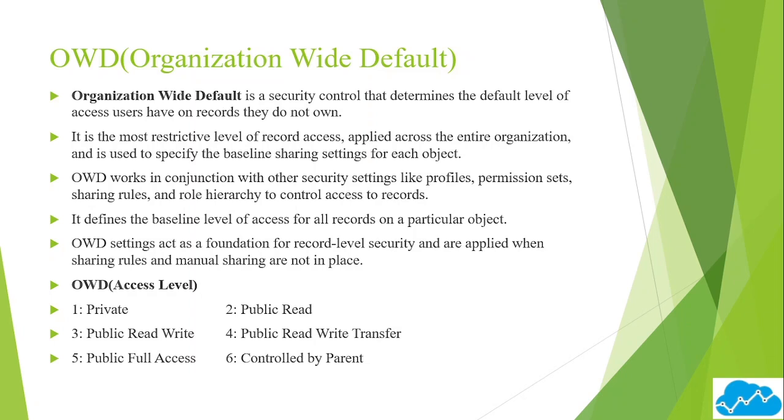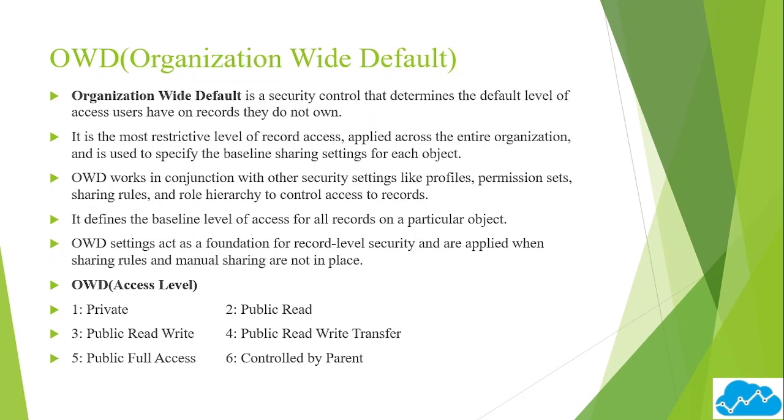OWD settings act as a foundation for record level security and are applied when sharing rules and manual sharing are not in place. Sharing rules and manual sharing are concepts we will see in further sessions, but if these are not applied, then we get the baseline level of access from the OWD.